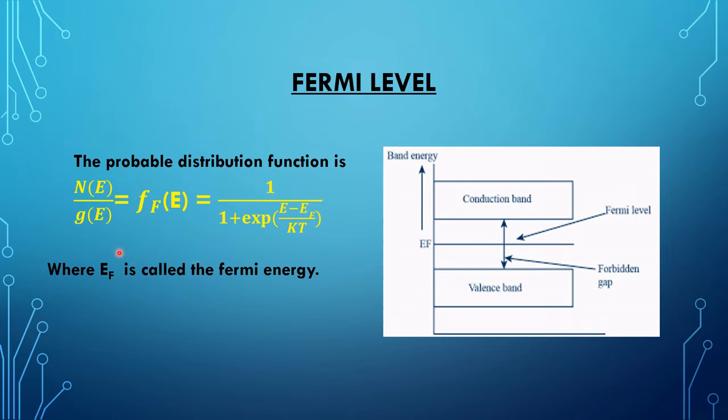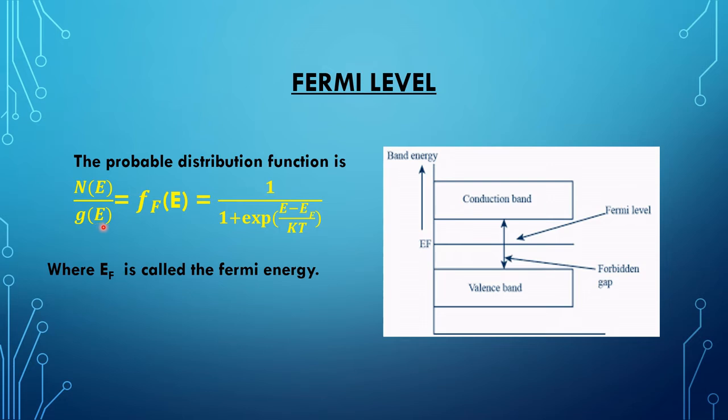The density N(E) is the number of particles per unit volume per unit energy, and the function G(E) is the number of quantum states per unit volume per unit energy.